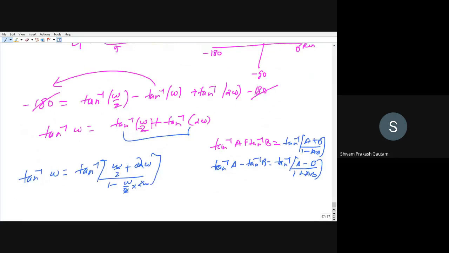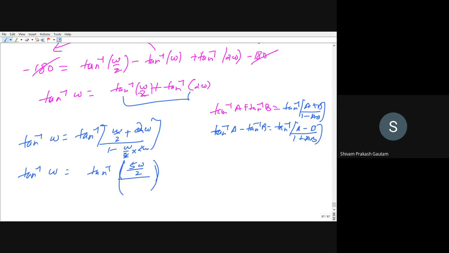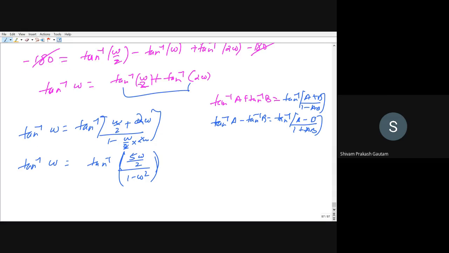So we will be getting tan inverse of ω equal to tan inverse of (5ω upon 2) whole divided by (1 minus ω square). So tan inverse and tan inverse will cancel out, and we will be getting ω equal to (5ω by 2) upon (1 minus ω square).